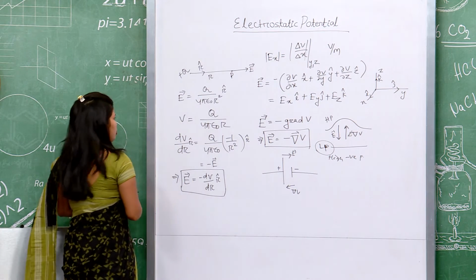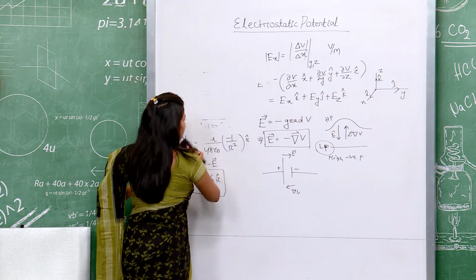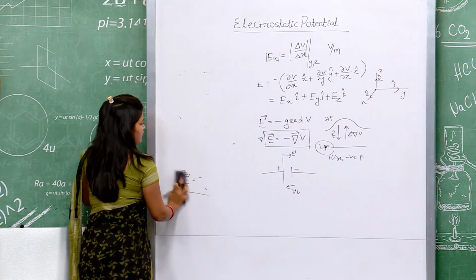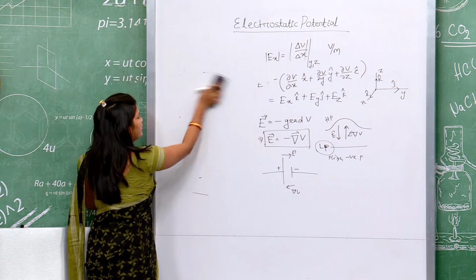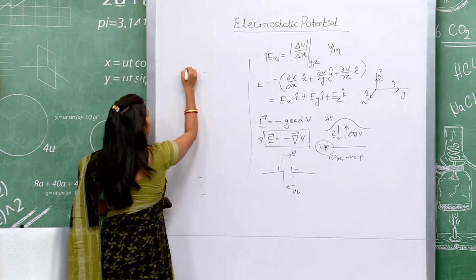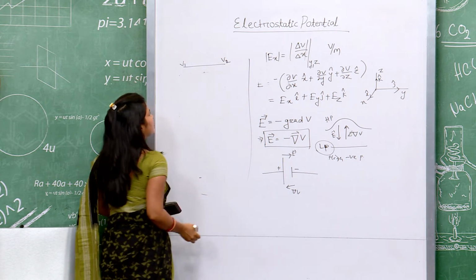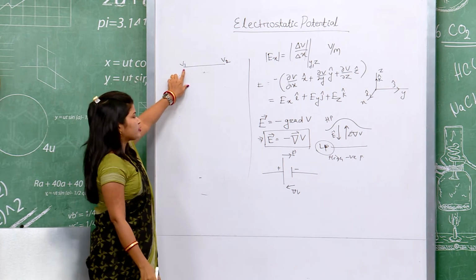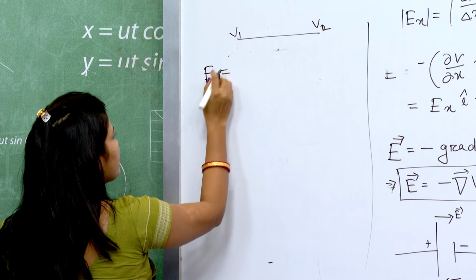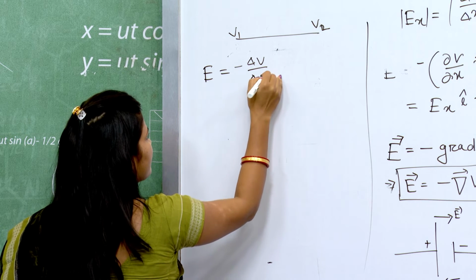In a uniform electric field, suppose at 2 points potential is V1 and V2. In a uniform electric field E is equal to minus del V by del r.